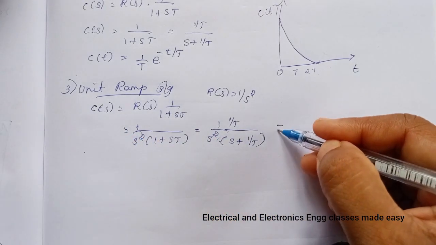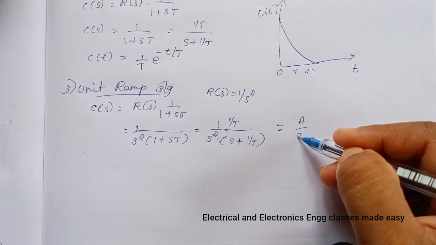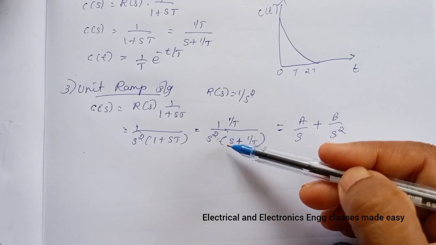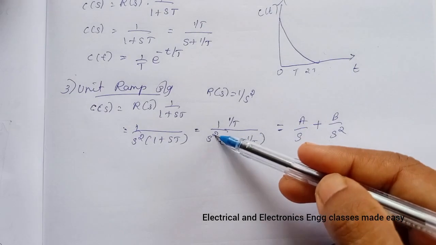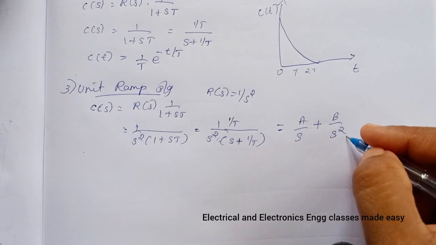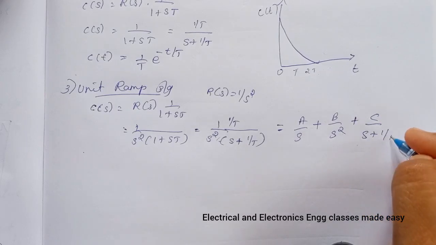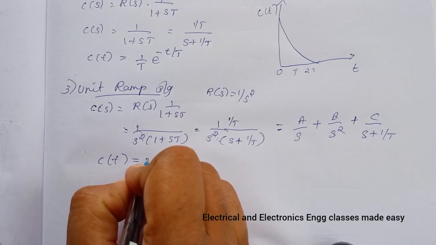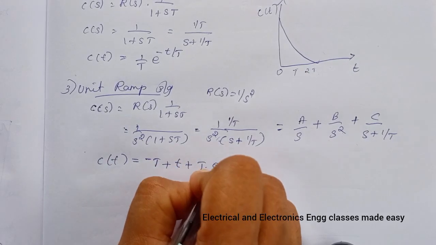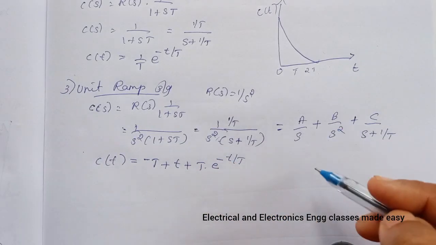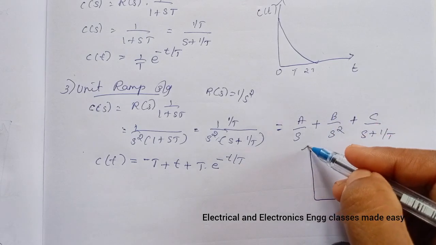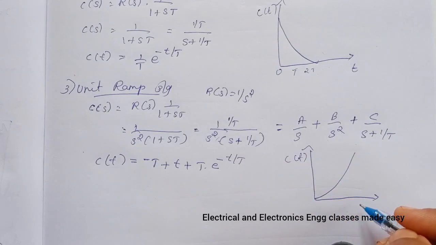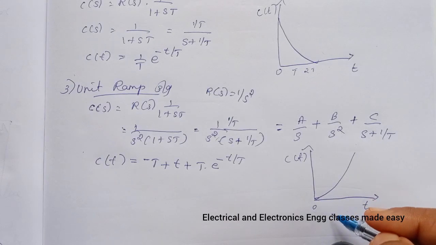Since there is a term s square, in the partial fraction expansion we have to write first the first order term, then the second order term: A divided by s, plus B divided by s square, plus C divided by s plus 1 by T. After solving, we get C of t equal to t minus T plus T e raised to minus t by T, and the response will be like this. So this is the response of the first order system with the unit ramp input, with 0, T, 2T, etc.